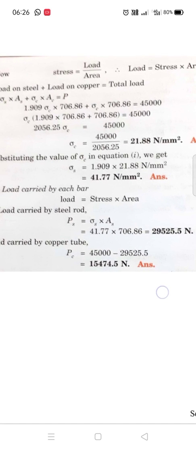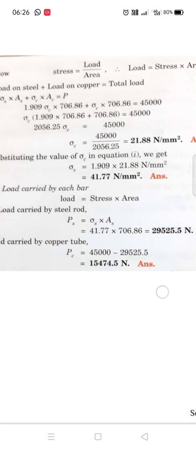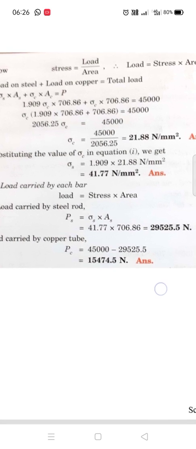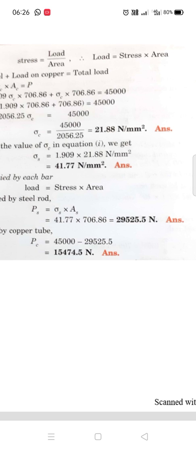For the copper tube, P_C is equal to 45,000 minus 29,525.5, which is equal to 15,474.5 Newton. Clear about this one?